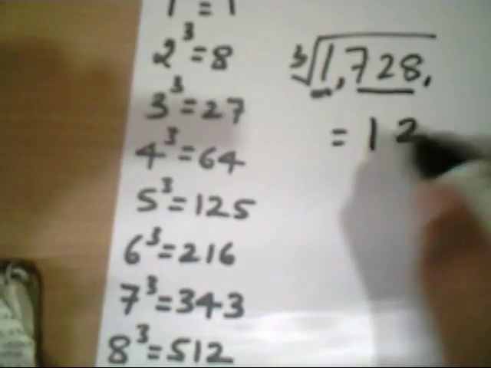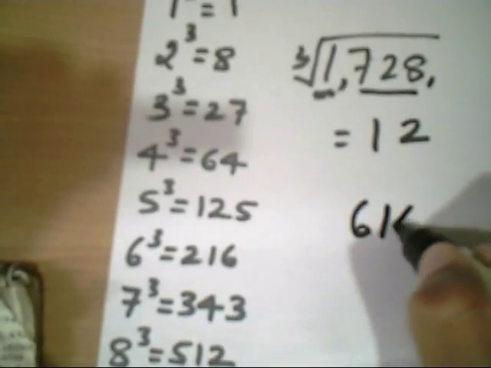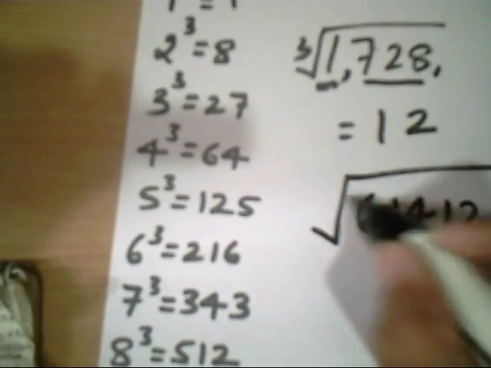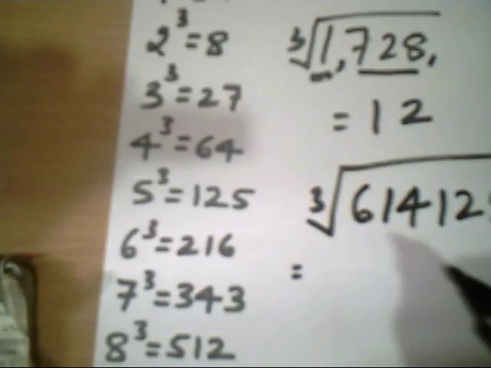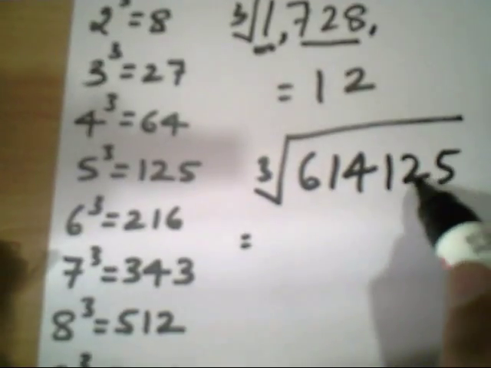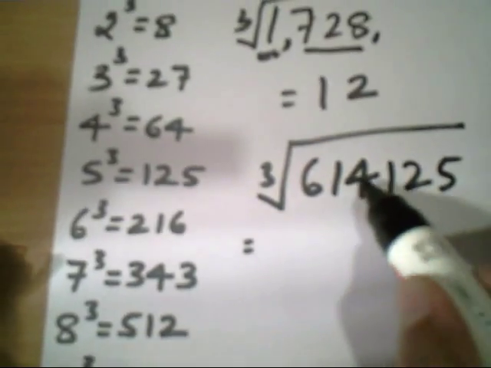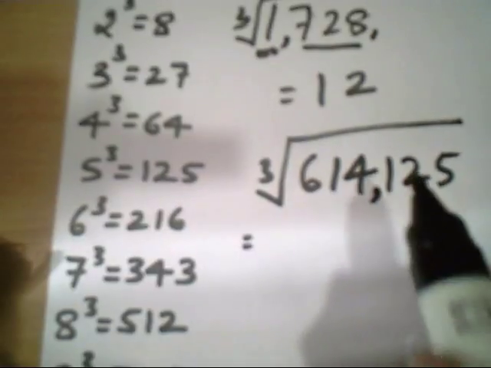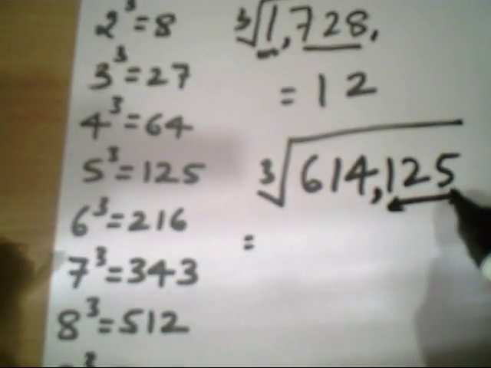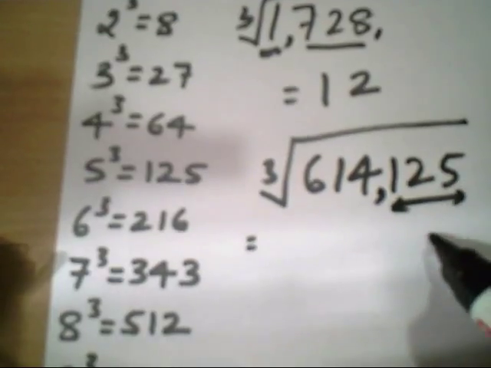Let us take another example and see. Let me take 614125, and I have to find the cube root of this. Again, make groups of 3 digits from the last digit. That is 1, 2, 5 in one group and 6, 1, 4 in the other group. In the first group, the last digit is 5, so my cube root's last digit also should be 5.